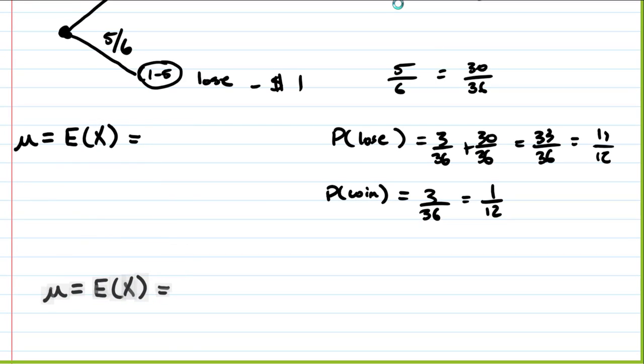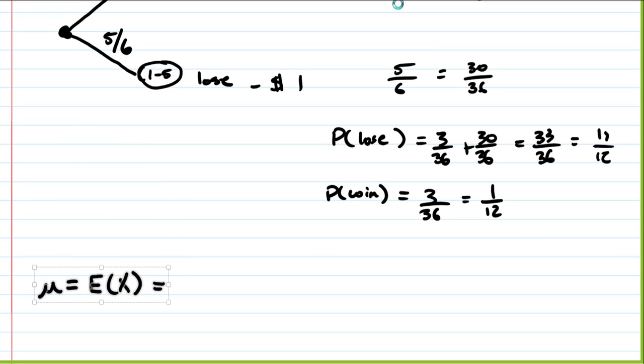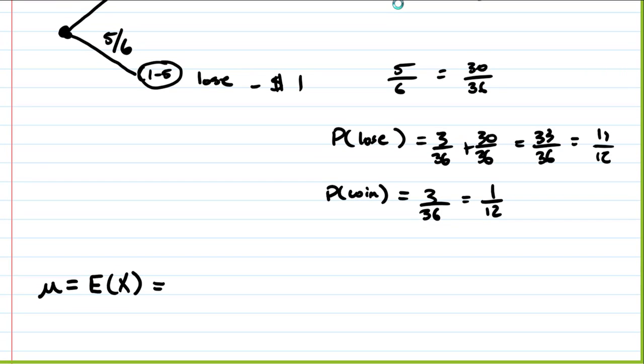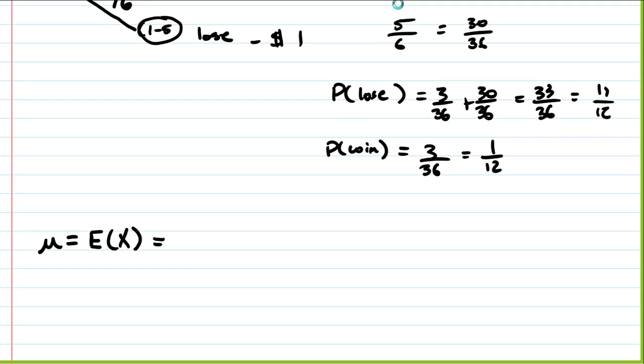Our expected value is then going to be the probability that we win times its value. So we're going to have $10 times the probability that we win, which is 1 over 12, plus the value we get if we lose, which is negative $1 times our probability of losing, which is 11 over 12.